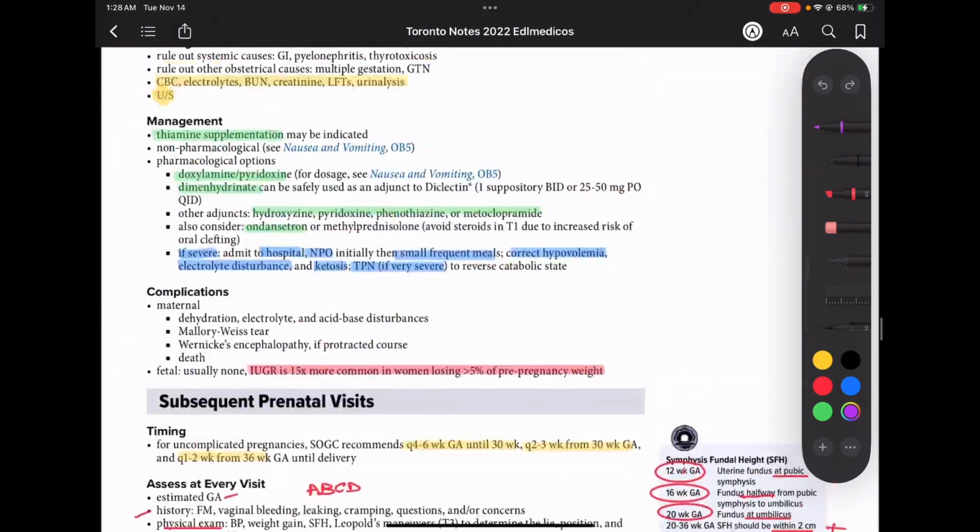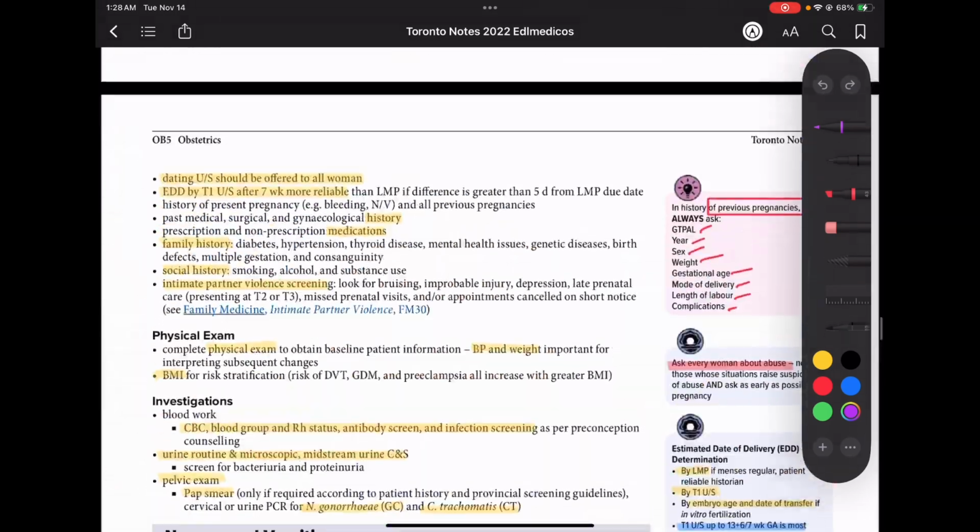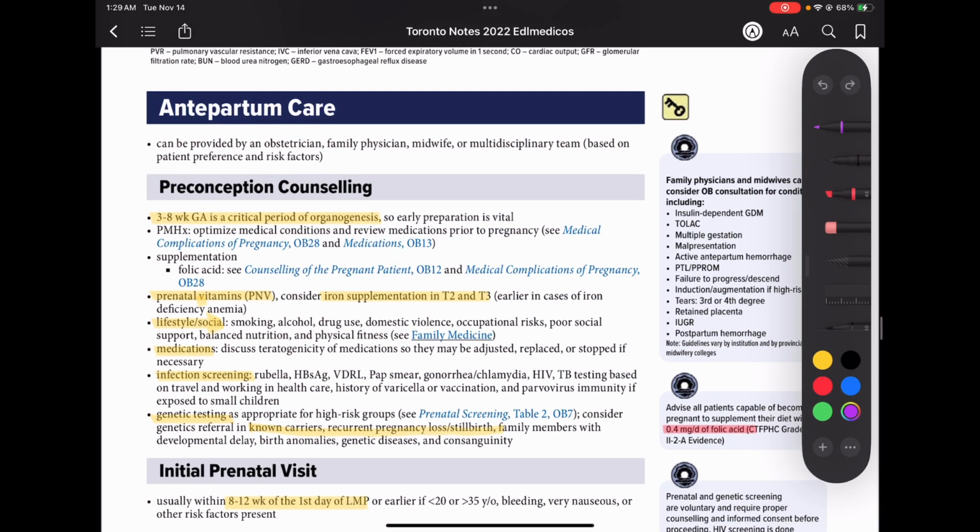That's it. So we're going to start with preconception counseling. So the baby is not conceived yet. There's preconception counseling. We're talking about 3 to 8 weeks of gestational age, which is a critical period of organogenesis. So early preparation is pretty vital, and the first 3 to 8 weeks are pretty critical too.